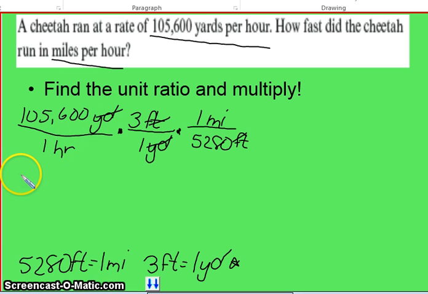Now I'm going to rewrite that as a multiplication and division problem. 105,600 times 3 times 1. And then the units I'm left with on top are miles.